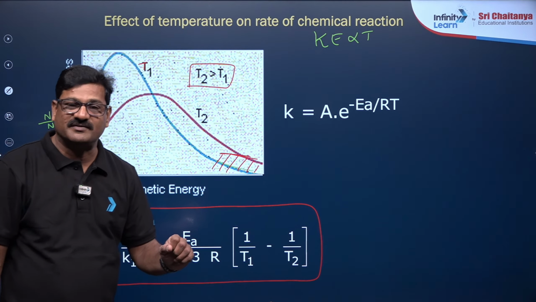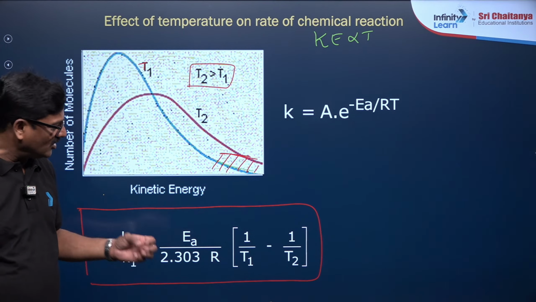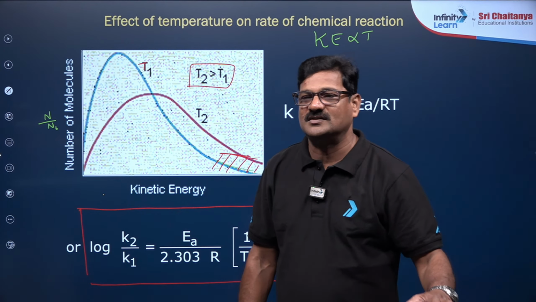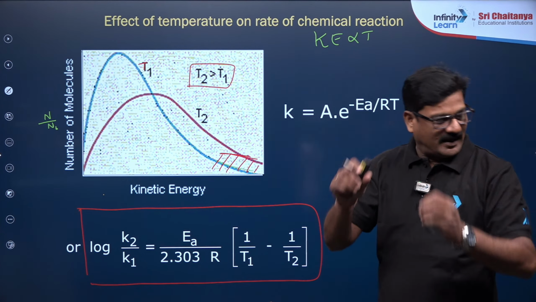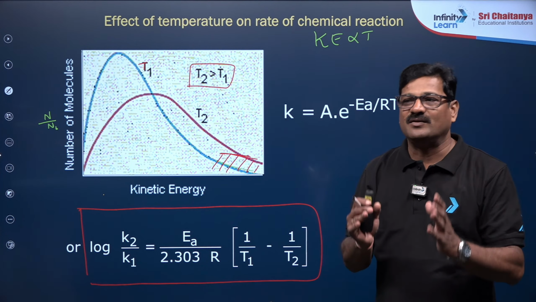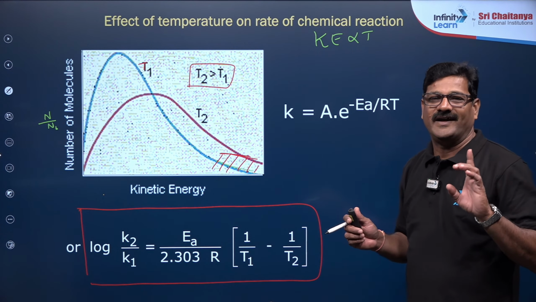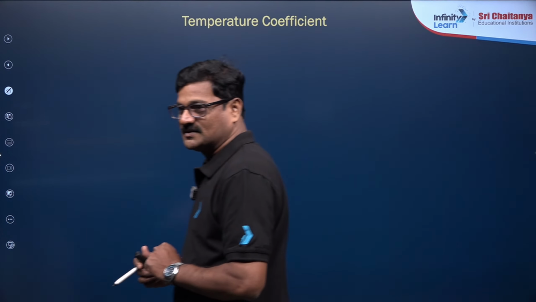T2 35 is given, you convert into Kelvin. Then only you can solve the numerical. If you directly put these values in centigrade, you are going to get a blunder answer. In the entire chemistry, you always use the Kelvin scale. There is no bargain in that.